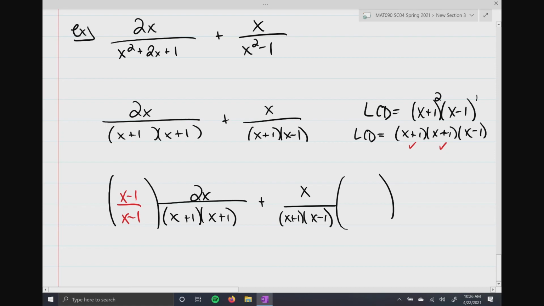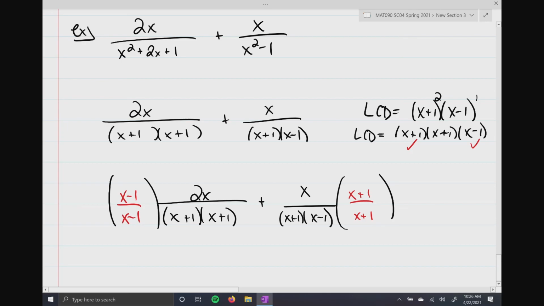Now, for the second fraction, I already have an x plus 1. I already have an x minus 1. I need another x plus 1. Does that make sense, everyone? All right. Now, I know my denominators are the same.